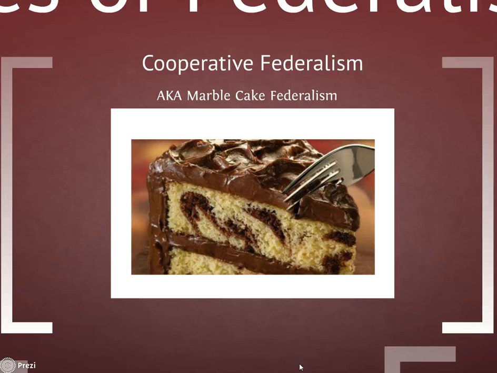State and local governments welcomed the national grants, which assisted them in addressing the domestic matters that fell within their sovereignty, while allowing them to make most of the specific program decisions to implement the policy. The era of federalism that began during the Depression, with its growing number of collaborative intergovernmental efforts to address domestic matters reserved to the states, is the period of cooperative or marble cake federalism.